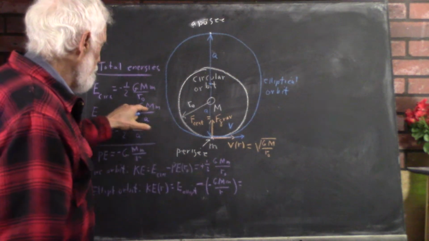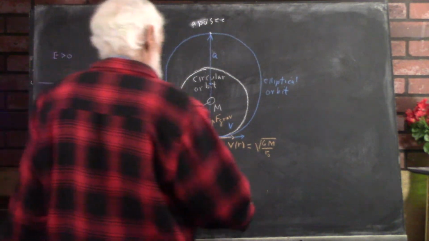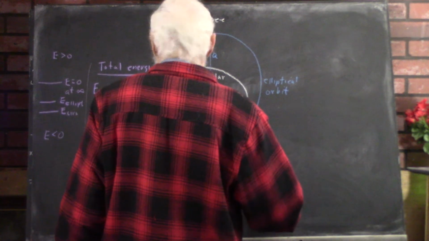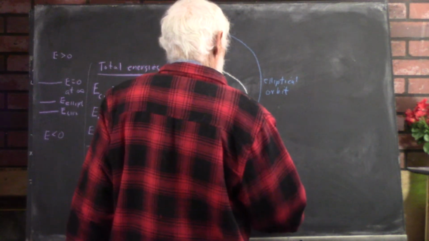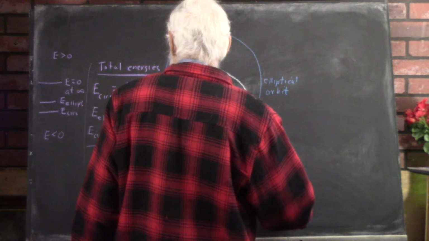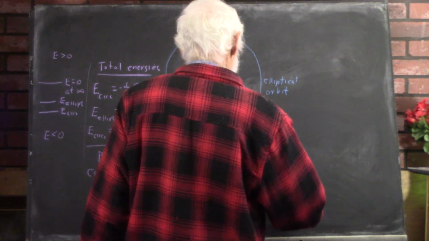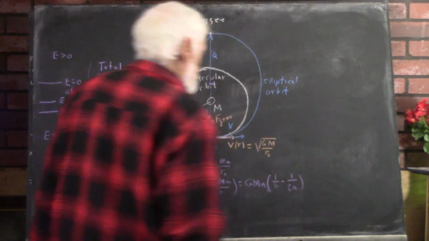I can factor out the big G, big M, little m, and I'm going to get big G, big M, little m times 1 over r minus 1 over 2a.